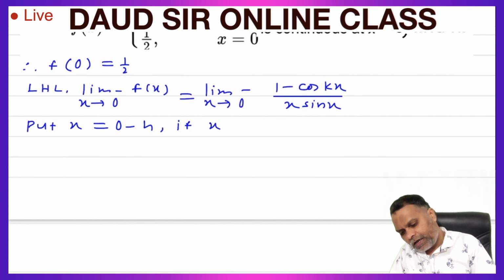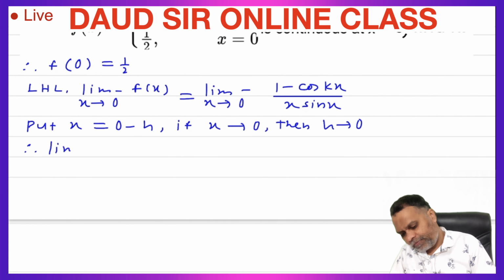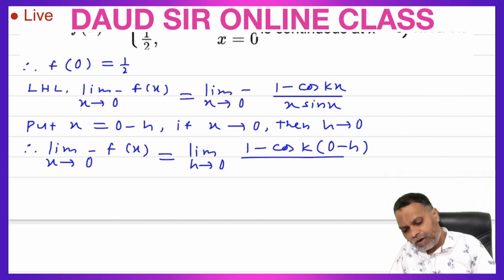If x tends to 0, then h tends to 0. Therefore, left hand limit will become limit h tends to 0, 1 minus cos k into 0 minus h upon 0 minus h into sine 0 minus h.